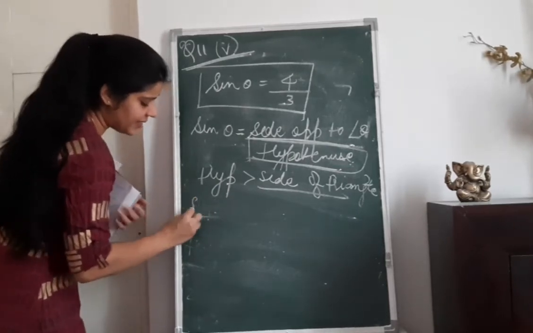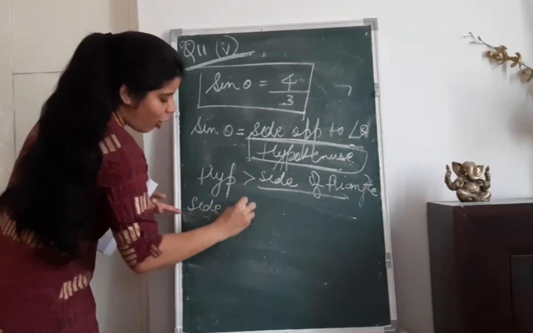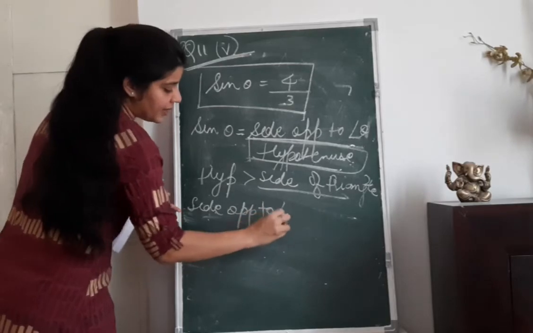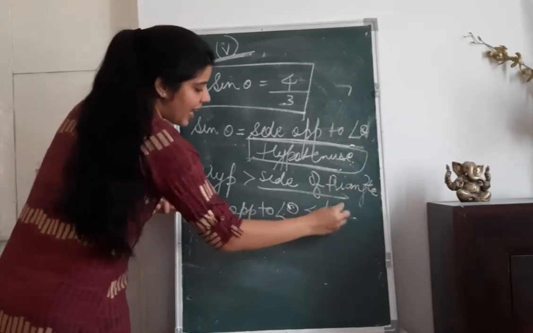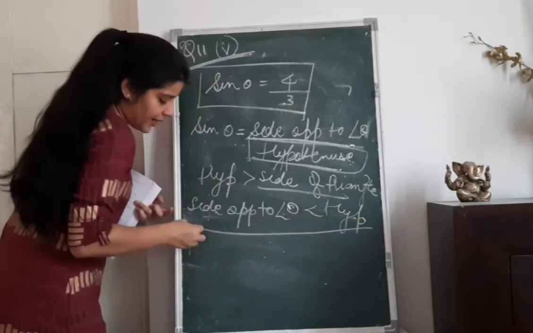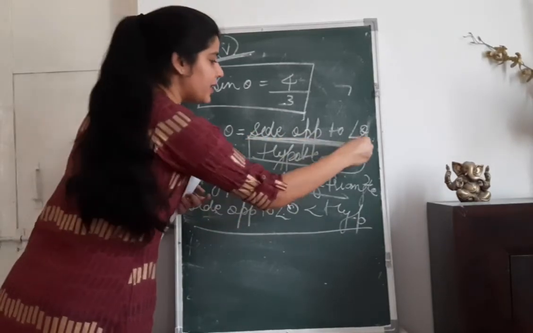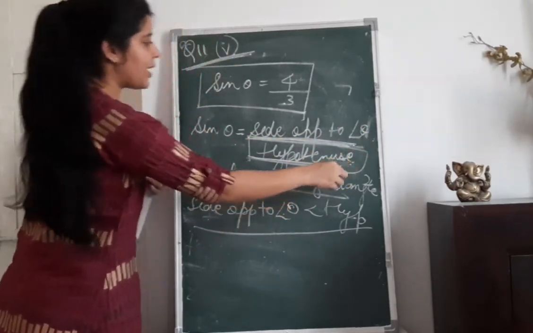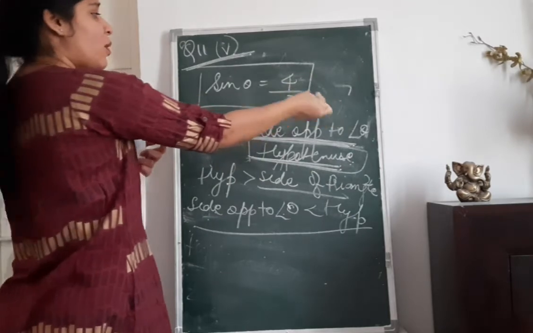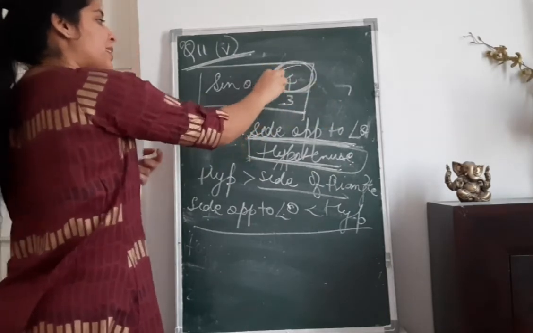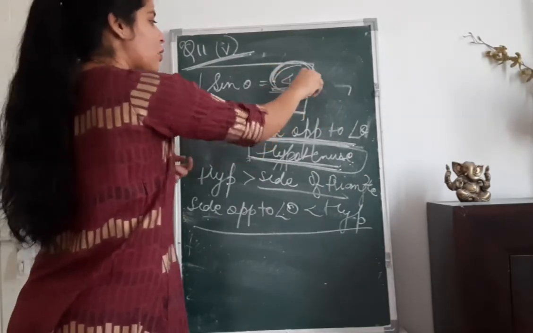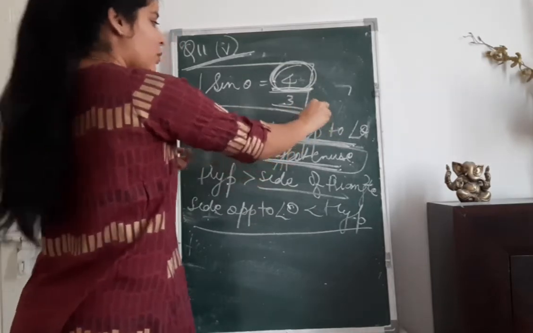So can I say side opposite to angle theta will always be less than hypotenuse? And if it has to always be less than hypotenuse, then is it possible that the side opposite to angle theta is equal to 4 and hypotenuse is equal to 3?